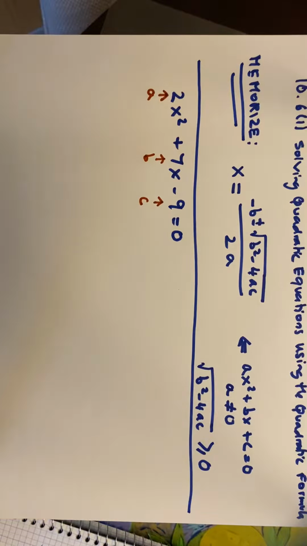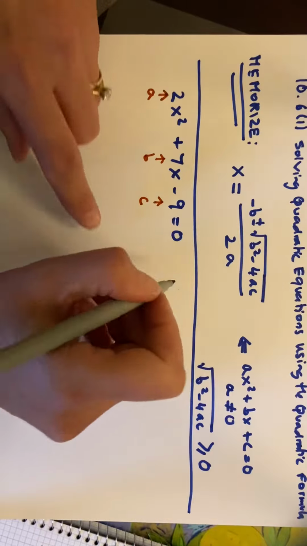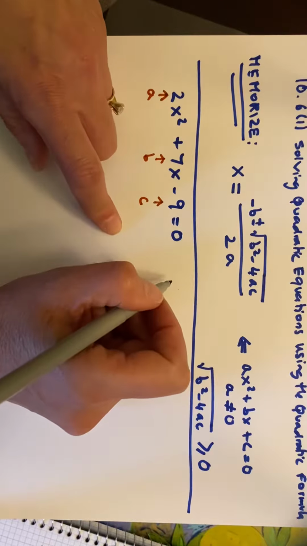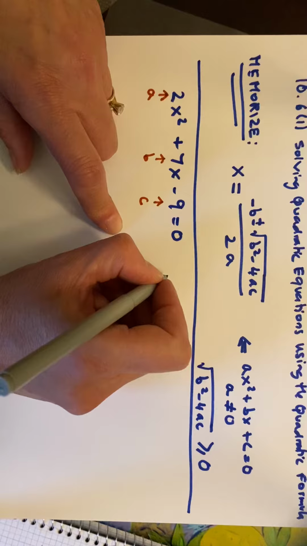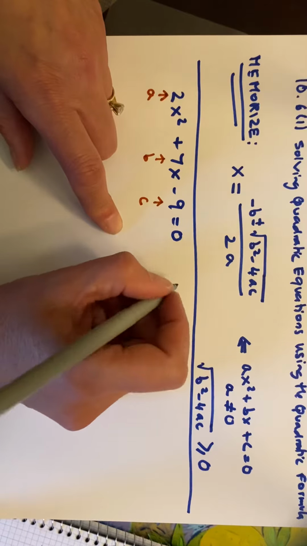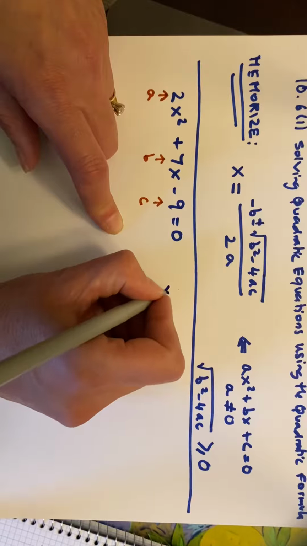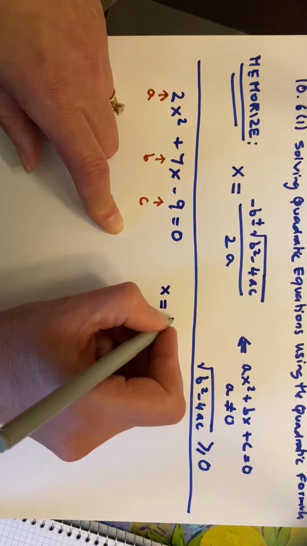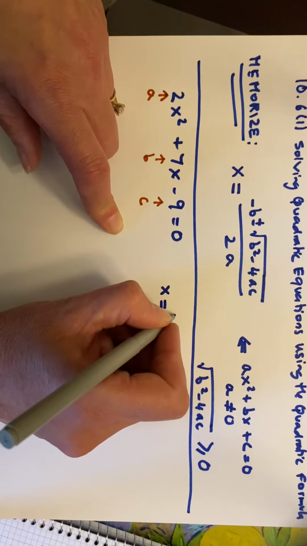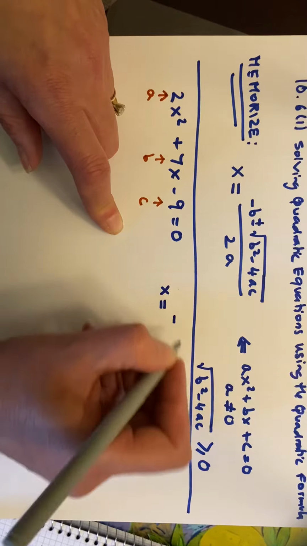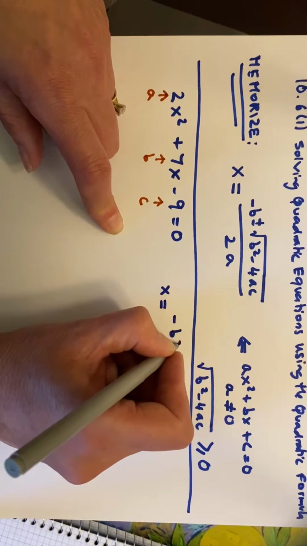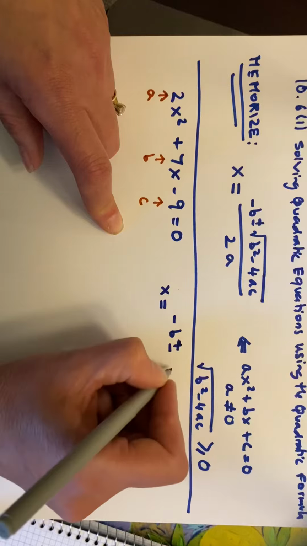Now, it's not just enough to know the formula, it's important to know how to do the steps properly, because if you don't, you'll easily get a wrong answer. So the number one thing that you need to do is to remember to put parentheses in place. So I'm going to put the quadratic formula here just so I can see it very clearly before I solve.